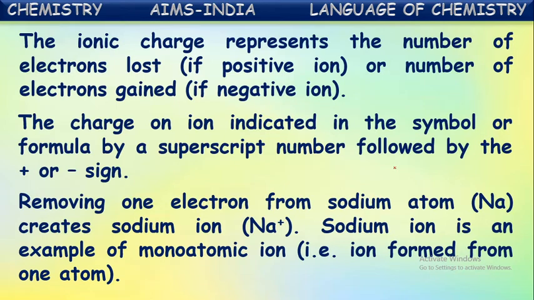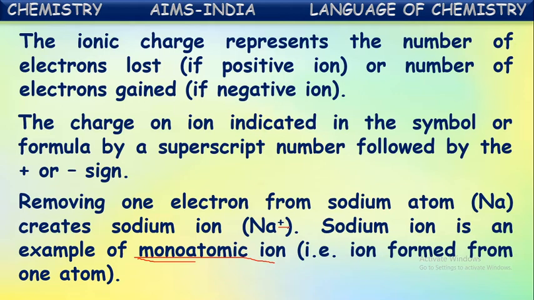As we said, these ions or charged particles are also formed by a group of atoms, which are specially called radicals. But here sodium, singly in the atomic form, is forming an ion. So it is called monoatomic. Mono represents one. Monoatomic means a single atom forming an ion by the loss of one electron.